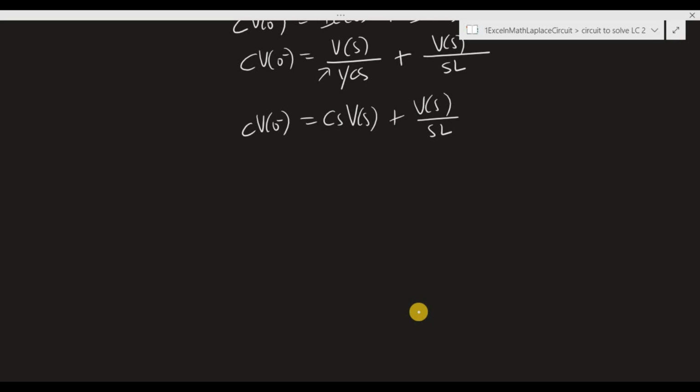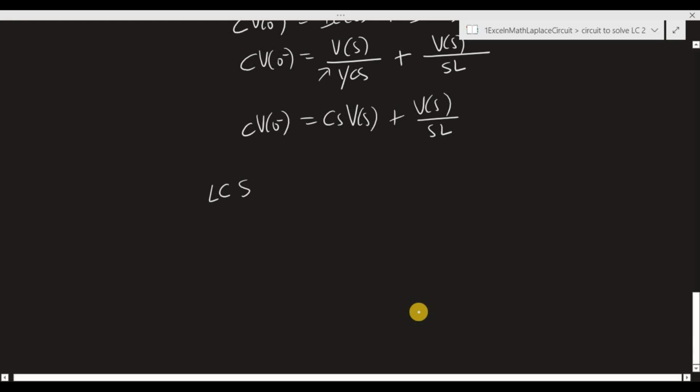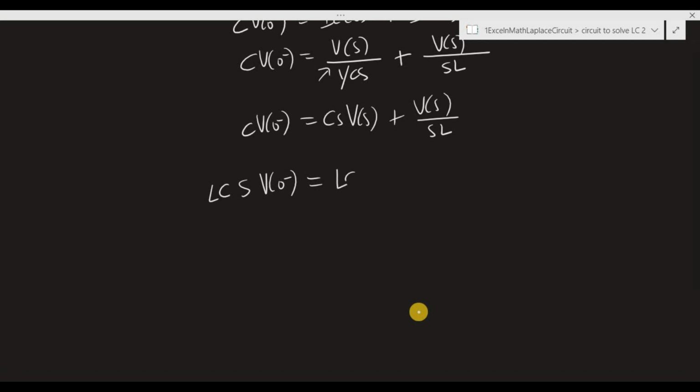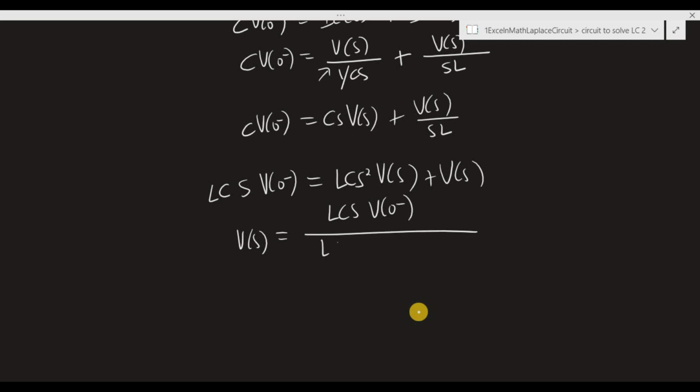Now multiplying both sides of the equation by sL, we get LCs V0 minus equals LC s squared V of S plus V of S. Solving for V of S, we get LCs V0 minus over LC s squared plus 1.